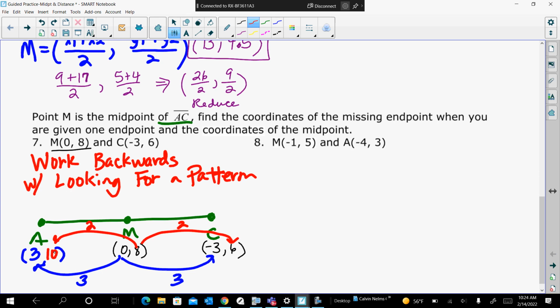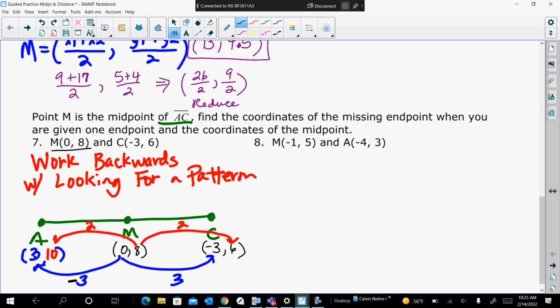You have to look at the pattern between the numbers. How are they changing? And do the reverse of that pattern, going in the other direction. Even if I did the math, if I was at 3 and I subtract 3, that would give me 0, right?